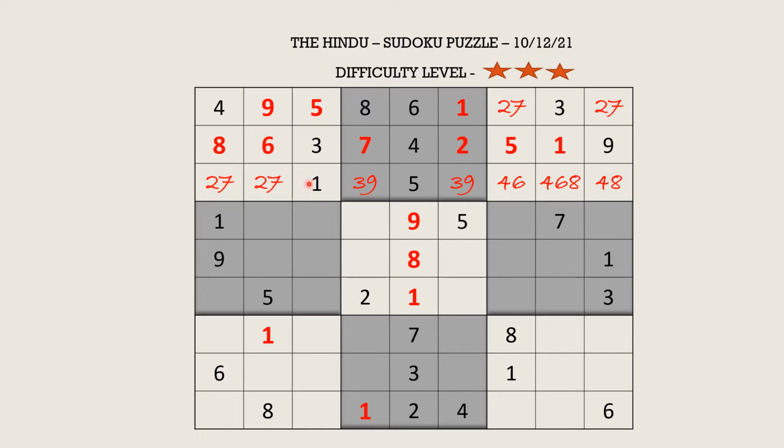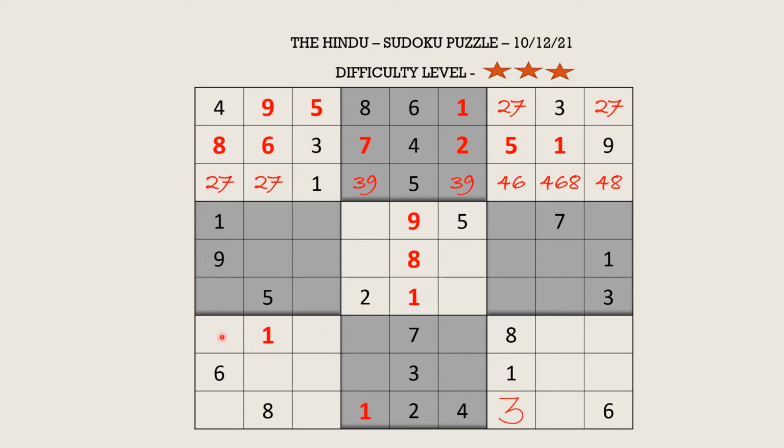So let's check for other numbers across rows and columns. Take this 3, it blocks these two cells, and this 3 blocks these 3 cells. So this cell takes 3. Moving across, this 3 blocks these 2 cells, this 3 blocks here, and we have a 3 blocking here.